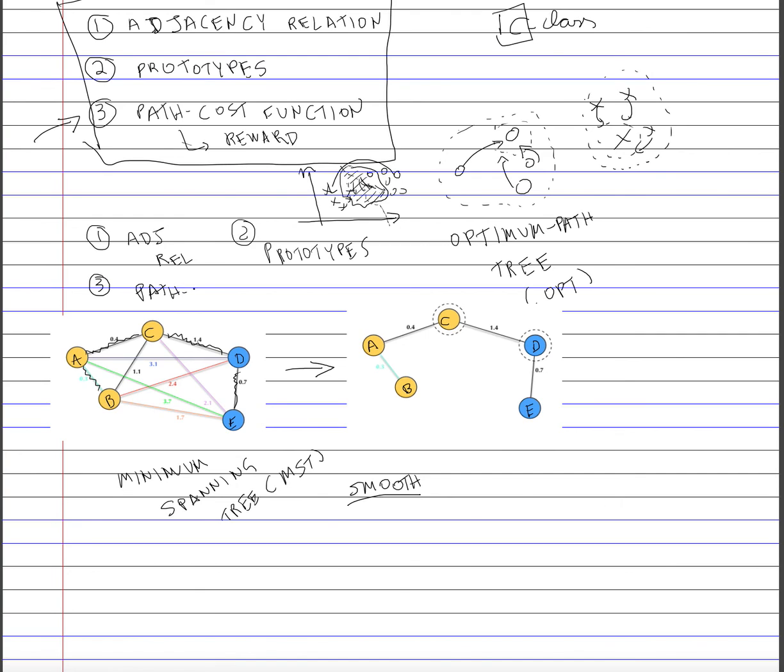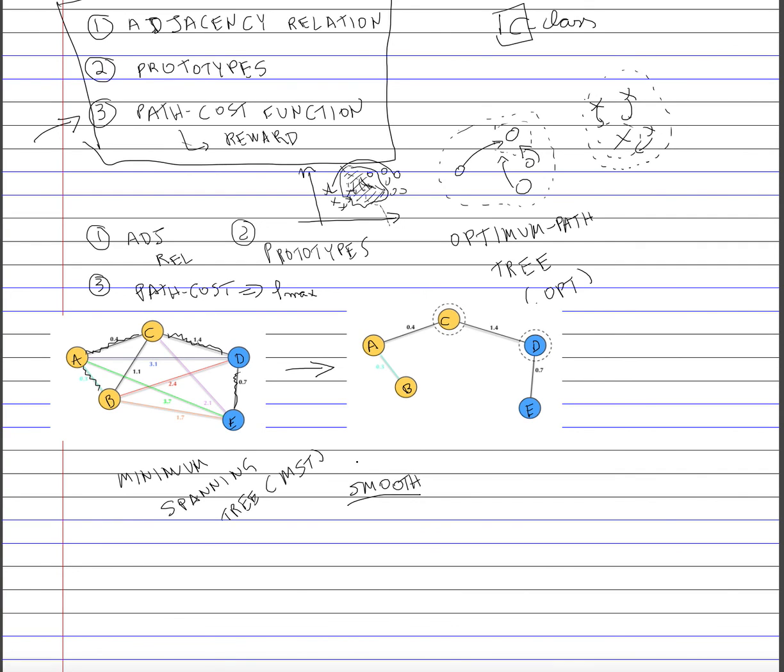So for the path cost function, we use fmax. As I told you, it's not a big deal to design your own path cost function. You just need to obey some properties. It needs to be smooth, it needs to be monotonically increasing, and we are not allowed to have arc weights with negative values, right?